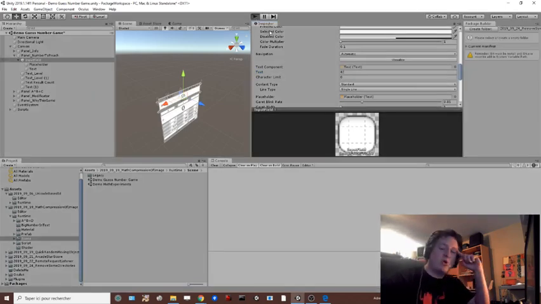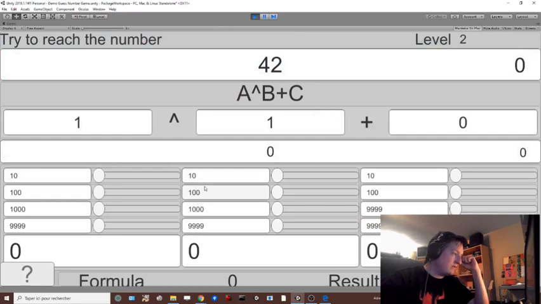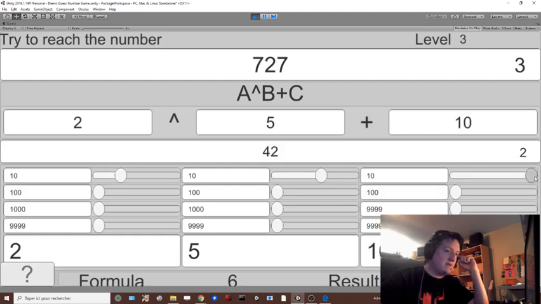So we'll start with small numbers. 42 is, for example, 3 exponent like this, 4, 32 plus 10. Ta-da! So basically I have 2 exponent 5 plus 10 equals 42.